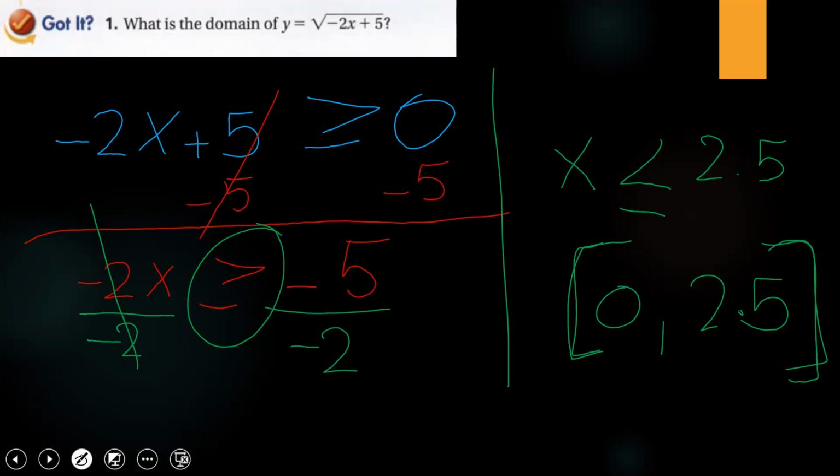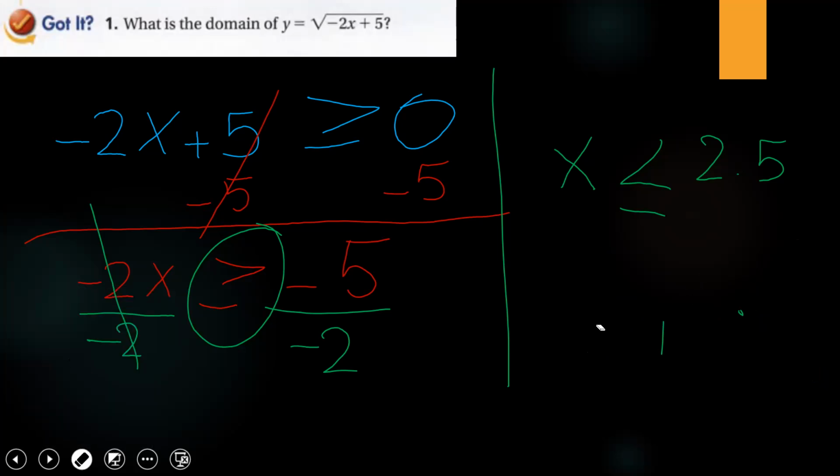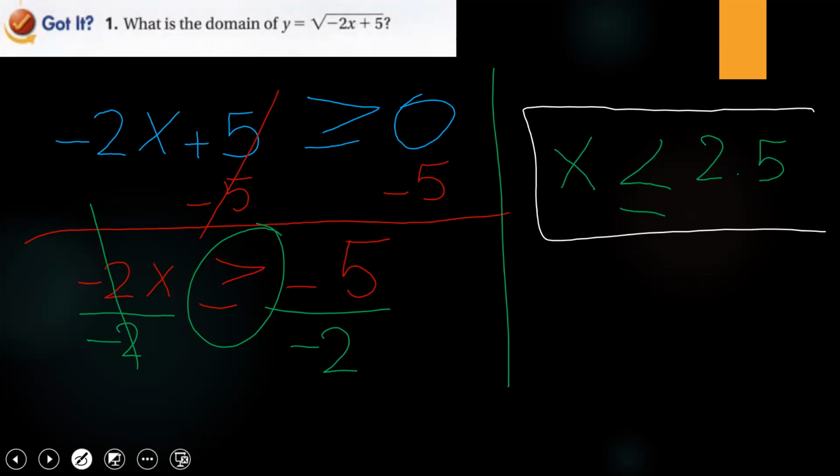Teacher, can you take the page again? Yes, but here, sorry, this one for x is less than or equal 2.5. That means all the real numbers are included, also negative numbers. Because if you try negative 4 times negative 2, it is 8 plus 5, 13. We can find the square root of 13. So Farah, stop here only, okay?